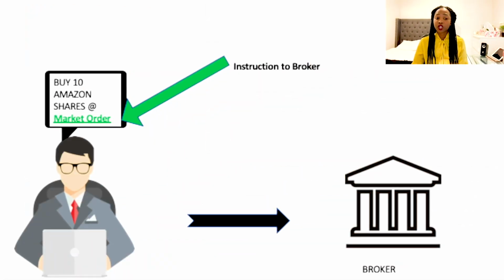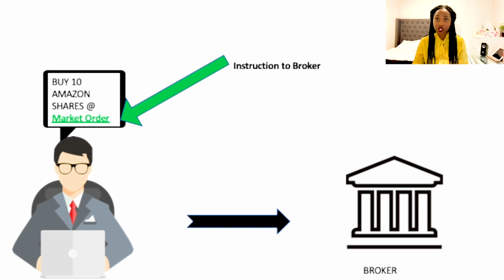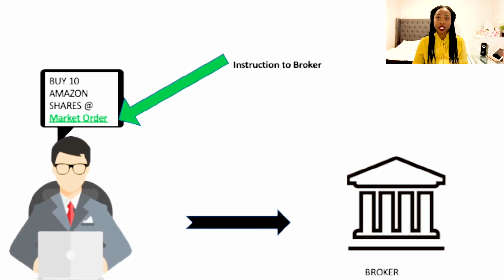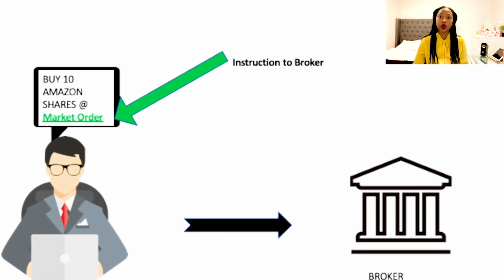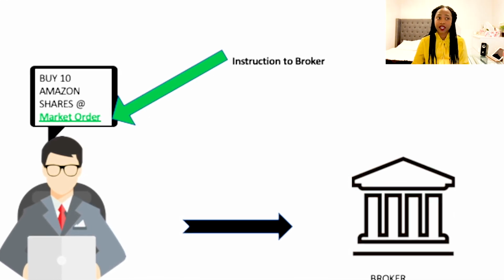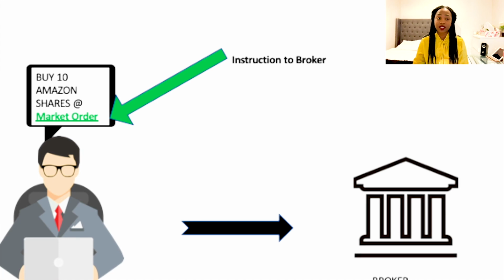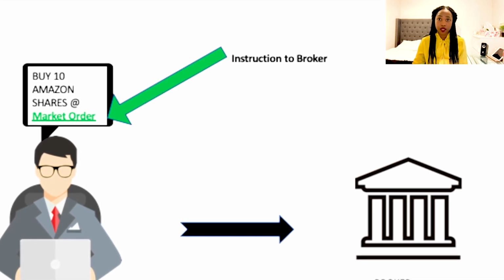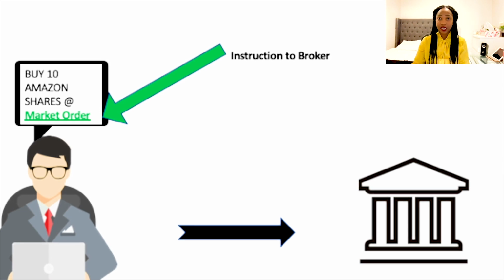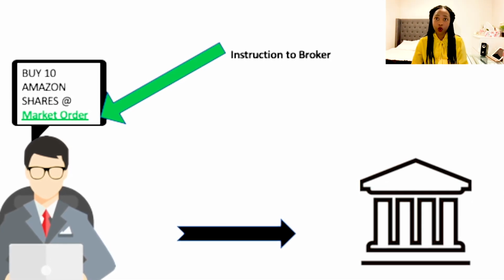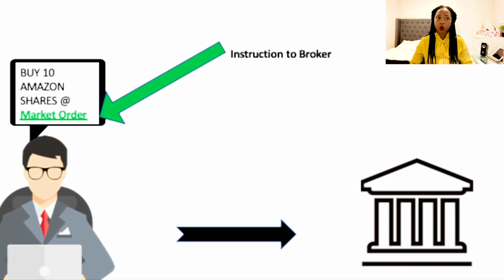When you send your order, you have to send along instructions to your broker, telling him how you would like your order to be executed. So when you send in a market order and say, hey, I want to buy 10 Amazon shares at market order, the broker takes in the order and then executes the order at market price. So what does that mean?